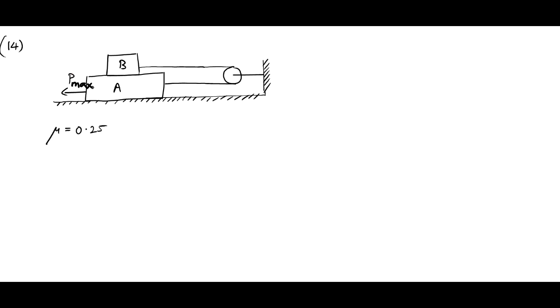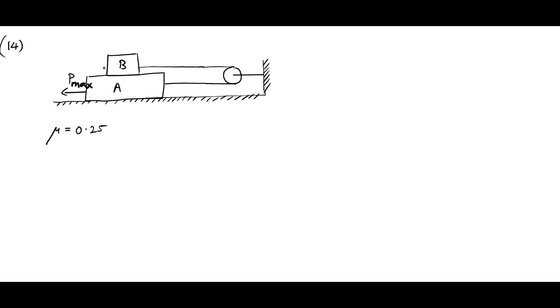So imagine that you don't apply any force P to begin with. The system is in equilibrium. The strings are assumed to be straight, and you now apply this force P, gradually go on increasing it until A is about to slide.